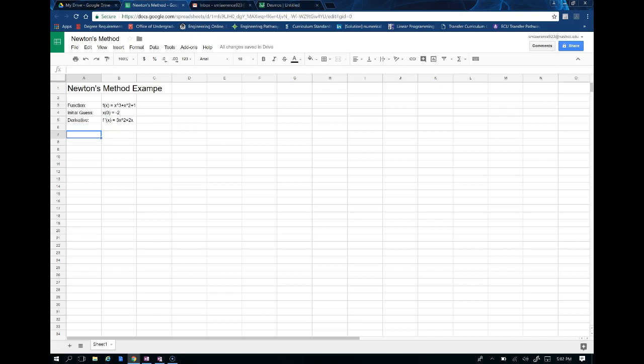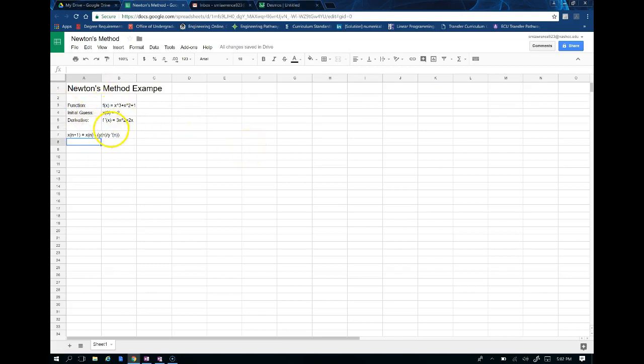I'm also here going to remind myself of what that Newton's method formula is. Newton's method says to get the next guess, x of n plus 1, we do our current guess, x of n, and then we subtract our current y value, y of n, divided by its derivative, y prime of n.